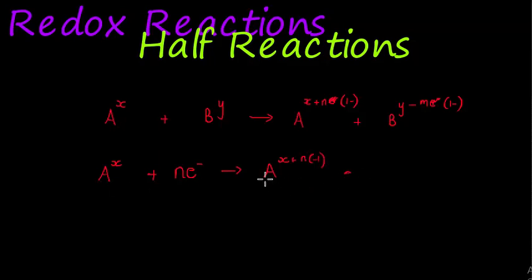This is a half reaction. It just describes the movement of the electrons. What happened here is it gained electrons. So on the left hand side we can see there's an addition of electrons, which means it is being reduced. So reduction in a half reaction will have electrons added to the left.